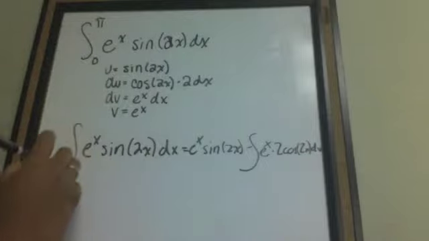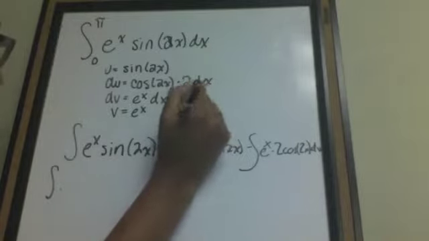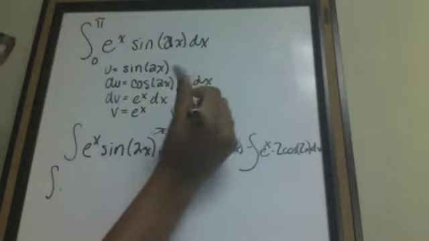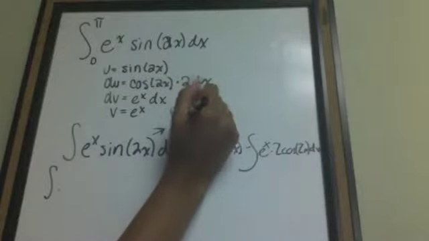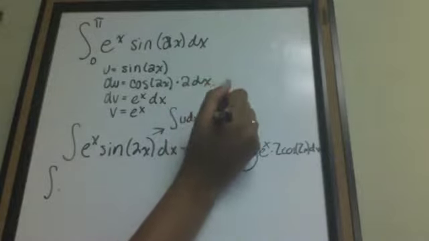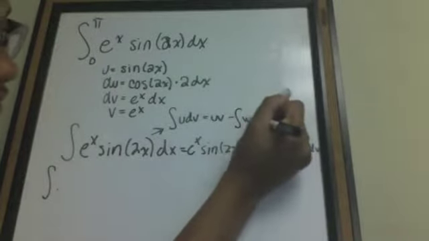Okay. And our next line is, and this is just coming from the formula, the integral of u dv equals uv minus the integral of v du.